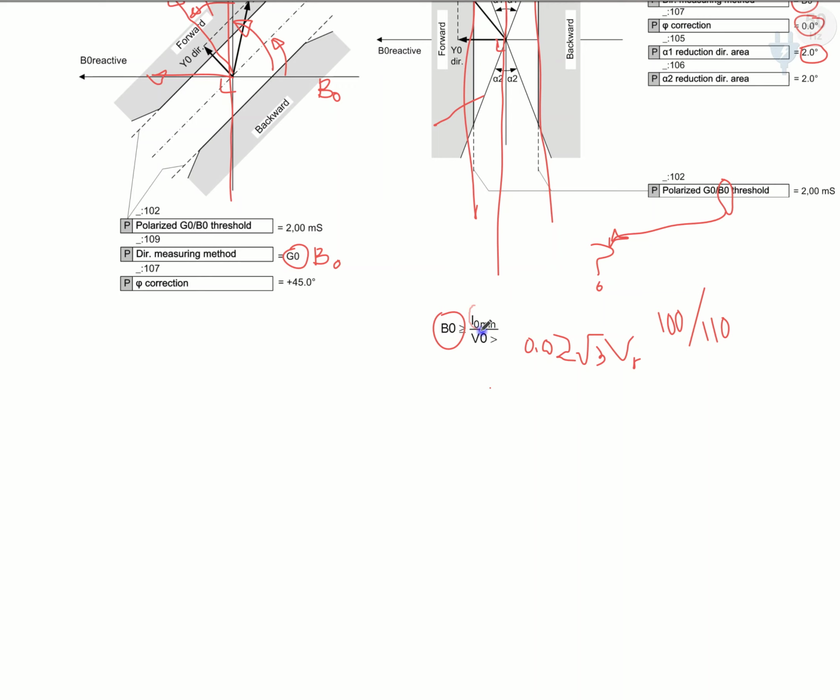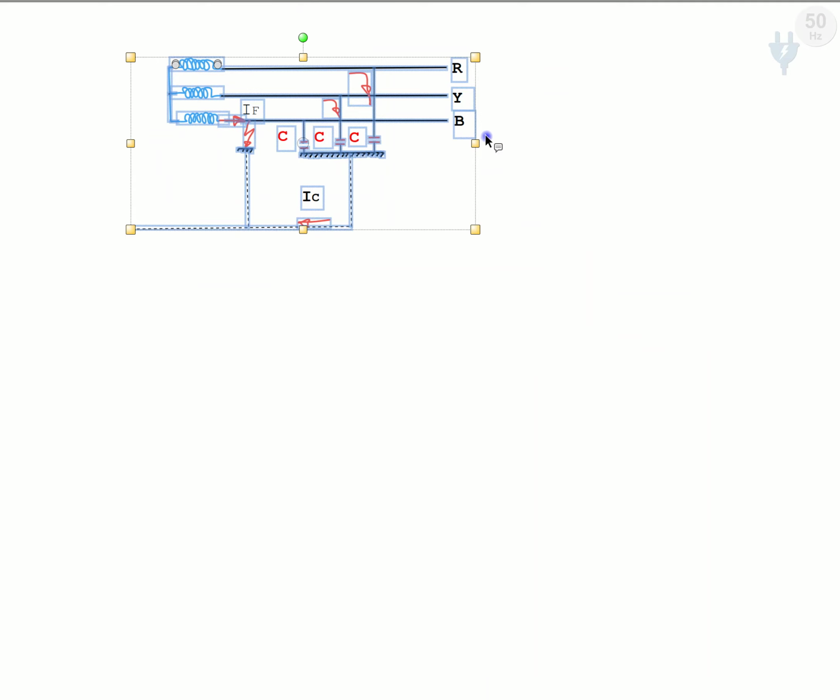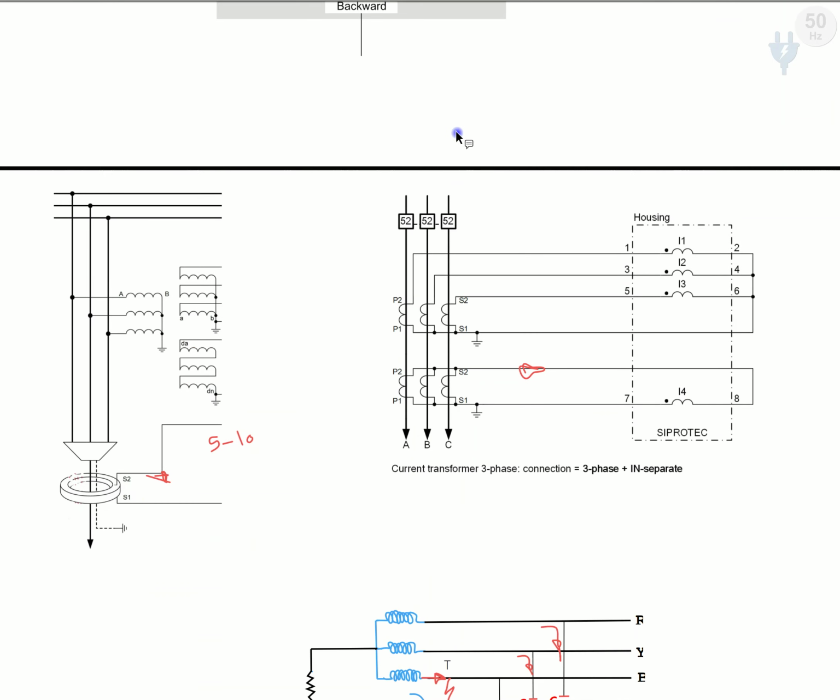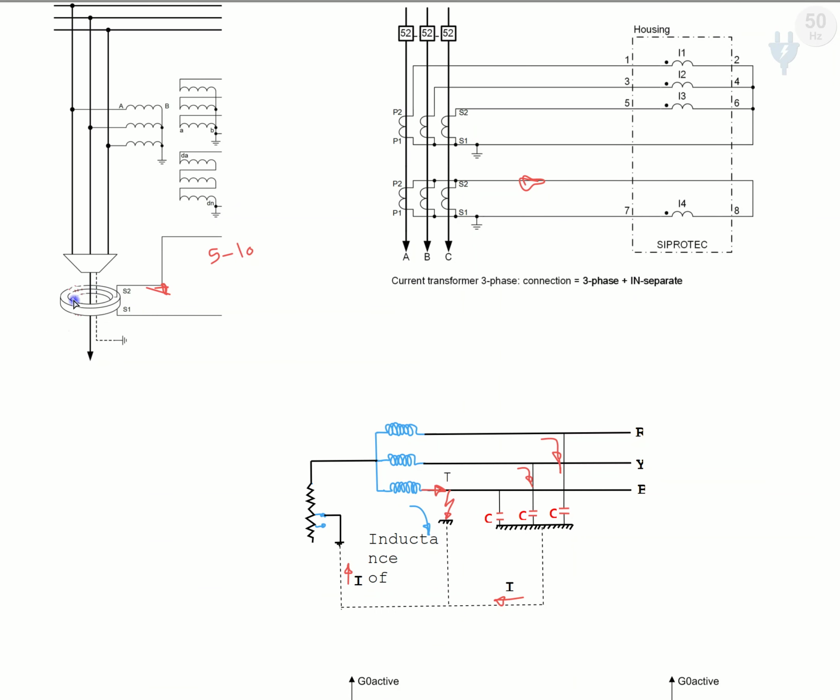And this I0 minimum we already discussed: if you have a core balance transformer, it is around 5 to 10 milliamperes, and if you have Holmgreen current transformers installed, in Holmgreen configuration, then it is around 50 to 100 milliamperes. How should you find it?